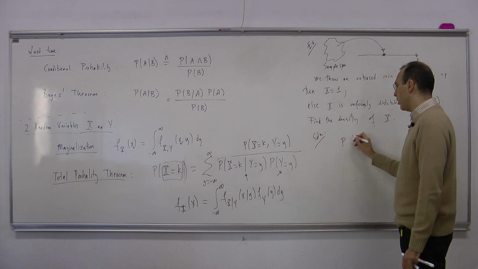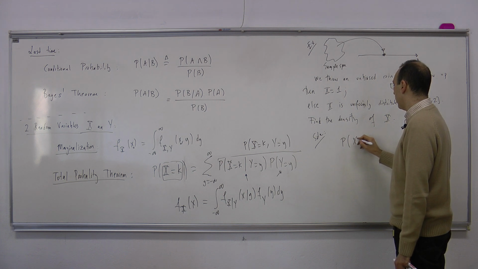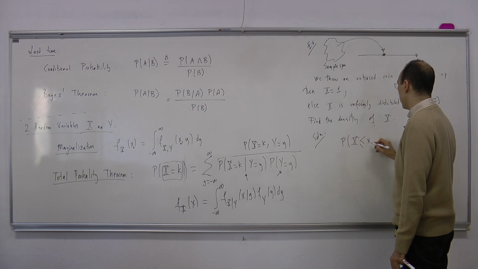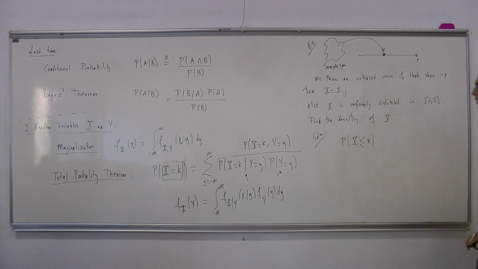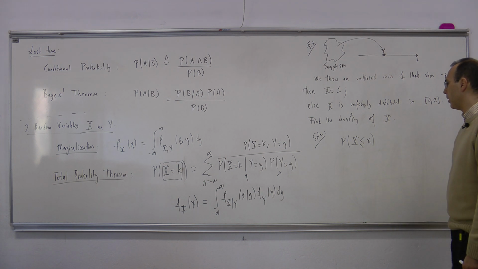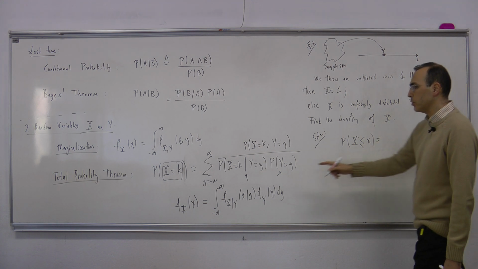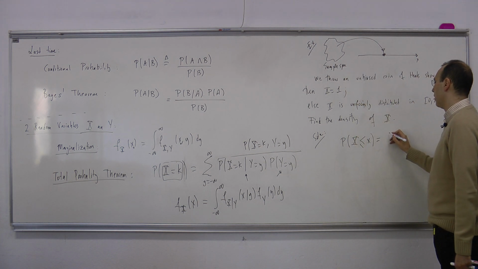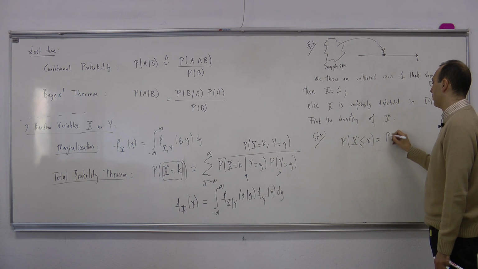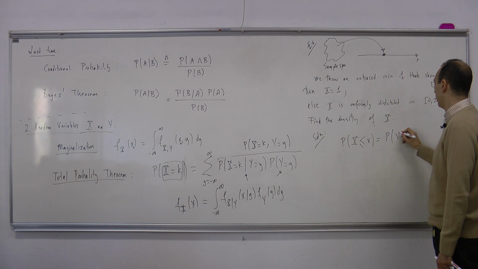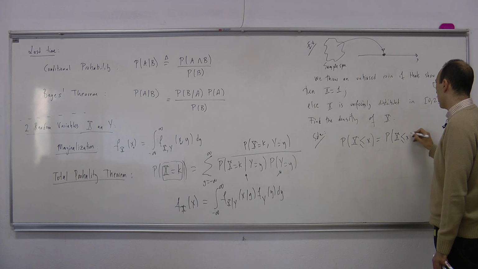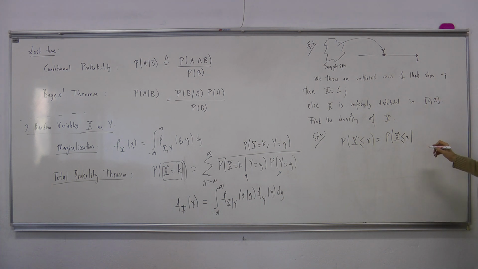I will try to calculate probability of x less than or equal to, let's say, small x. This is the CDF. So how can I calculate this? Well, let's use this total probability theorem. So this is probability of x less than or equal to x, given that, let me call this theta, theta is equal to heads.